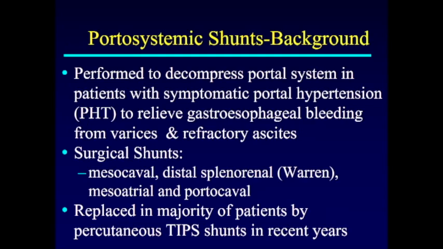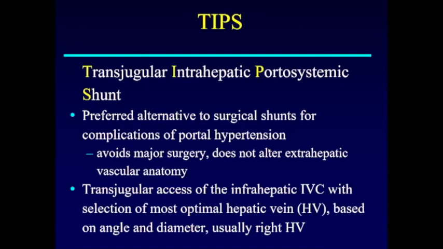Previously, we had surgical shunts, the mesoatrial shunt, the mesocaval shunt, the portocaval shunt, and the distal splenorenal or Warren shunt. These have been replaced in the vast majority of patients by the percutaneous TIPS shunt in the last 2 decades.